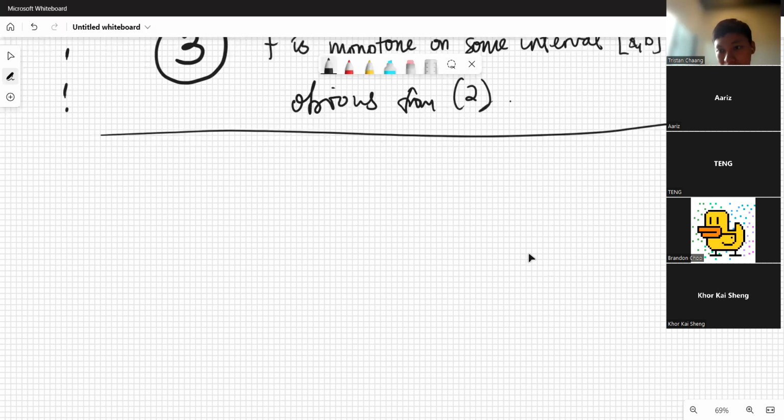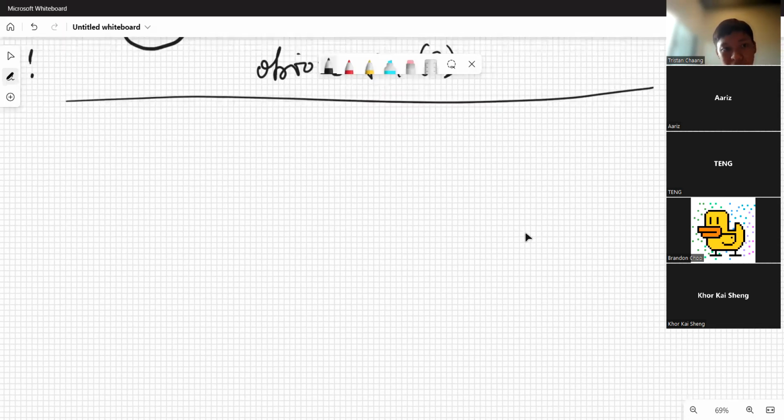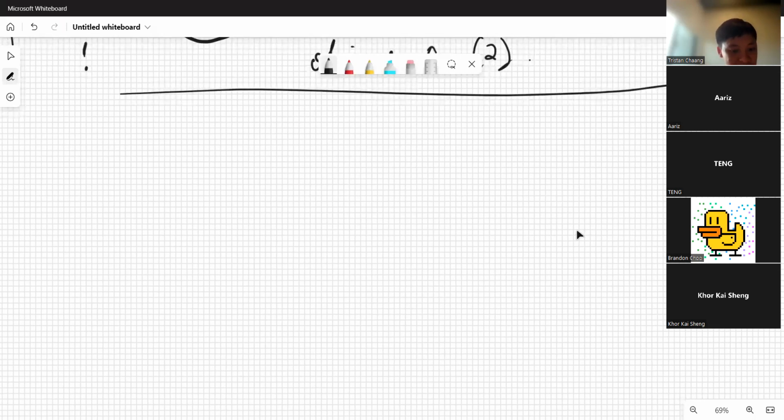But I would like to add some additional info. In particular, what if we don't have any conditions? So is there a general way of writing f solving the Cauchy equation?